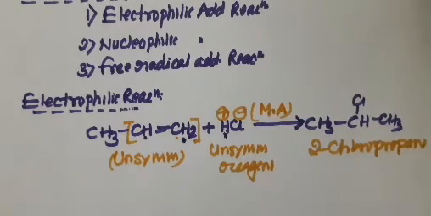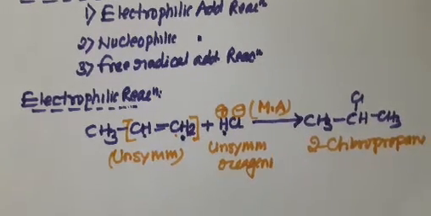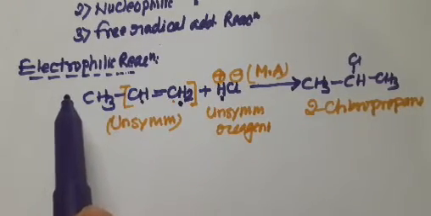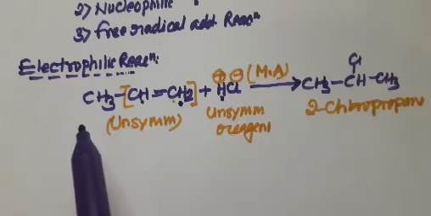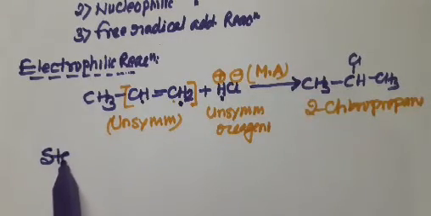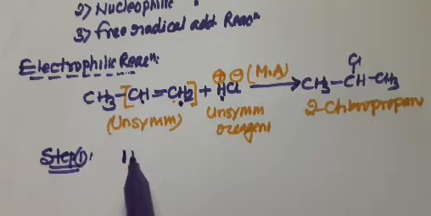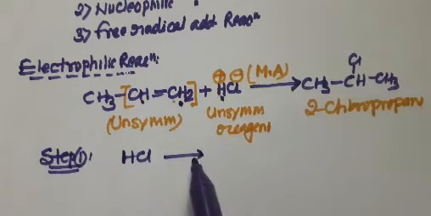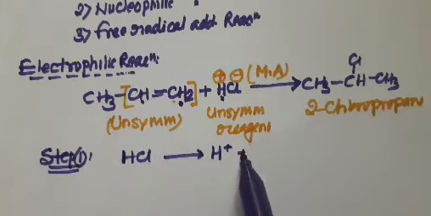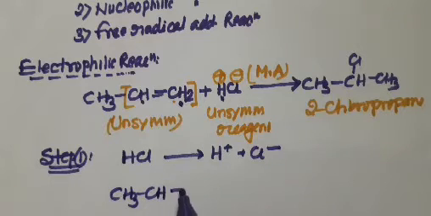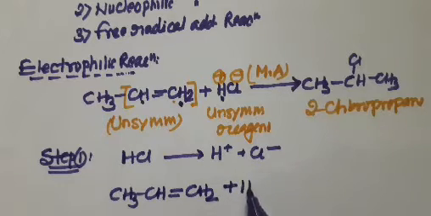Now let us see how this reaction occurs. As we know that this reaction proceeds by the help of electrophiles, step 1 of the reaction can be like this: HCl breaks into its ions H plus and Cl minus, and thereafter propene interacts with the H plus ion.